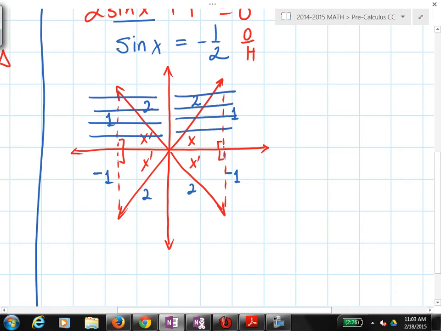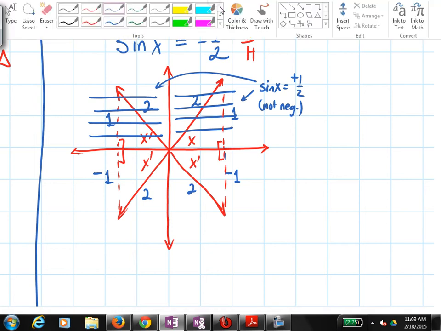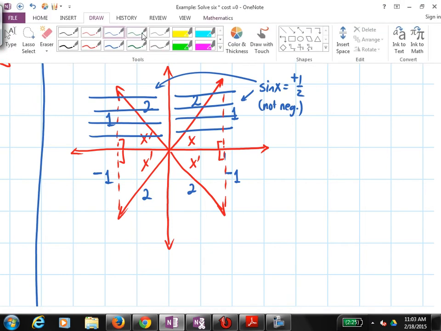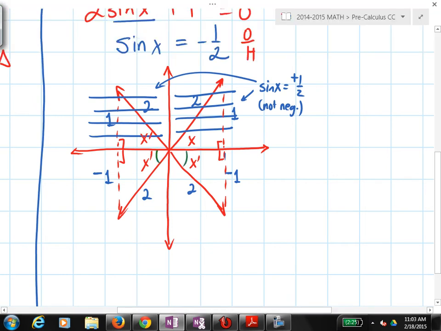If you want to make a note of why they are eliminated, you can point to them and say sine of x is equal to positive 1 over 2, not negative. What's the angle here? 30. Good. So the reference angle here is 30 degrees.